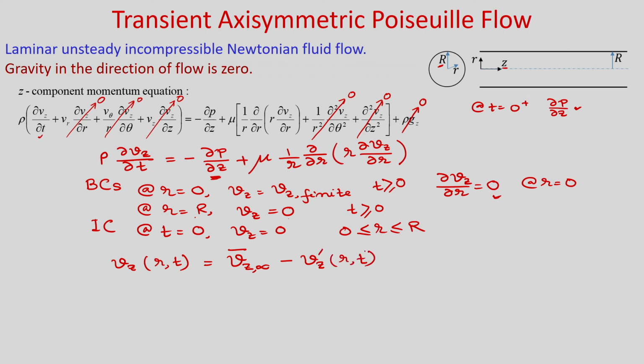So, we are decomposing this velocity in such a way that this is your steady Hazen-Poiseuille flow.